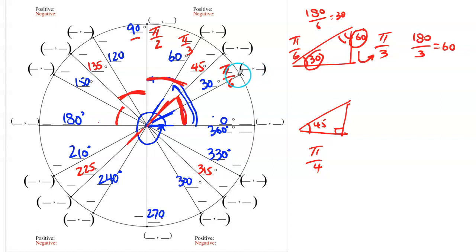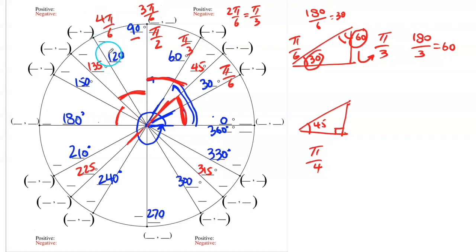Let me repeat. 2 pi over 6 simplifies to pi over 3, and plus another pi over 6 gives me 3 pi over 6, which simplifies to pi over 2, plus another, 4 pi over 6.